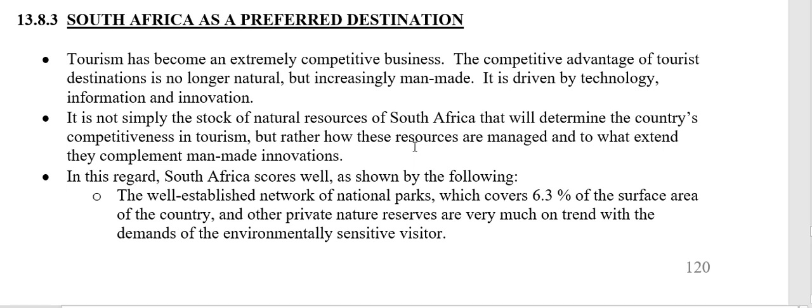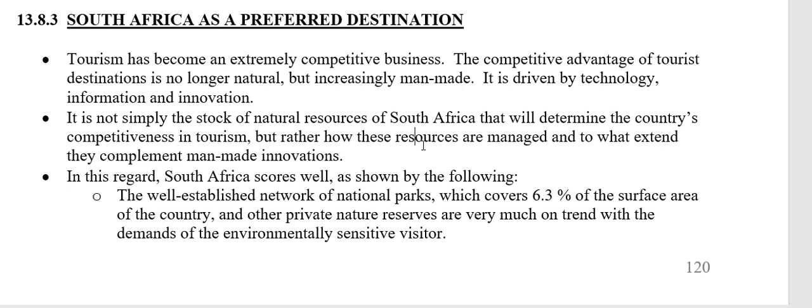All right. So it's not just the fact that we have all these natural resources that is making us a preferred destination for tourism, but it is also how these resources are managed and to what extent it is complemented by man-made innovations. So yes, we have the big five, but do we have modern hotels where people can come and spend their time? Do we have running water?